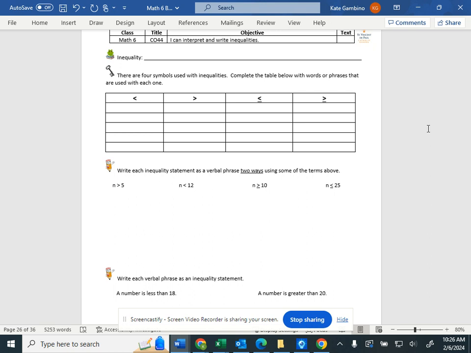All right, so CO44, I can interpret and write inequalities. We need to understand what an inequality is. An inequality compares two unequal values.